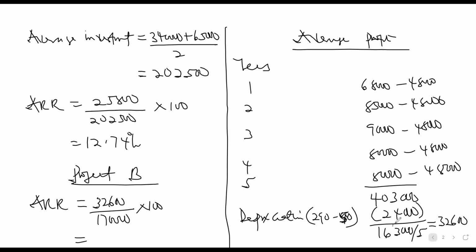I'm getting 19.18. 19.18. Is that correct? Yes. Okay. Which of the investments should they undertake? Project B. They should undertake the B.